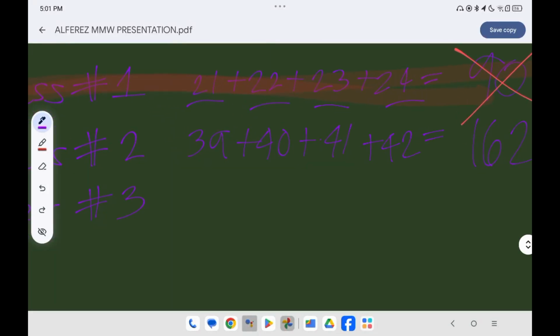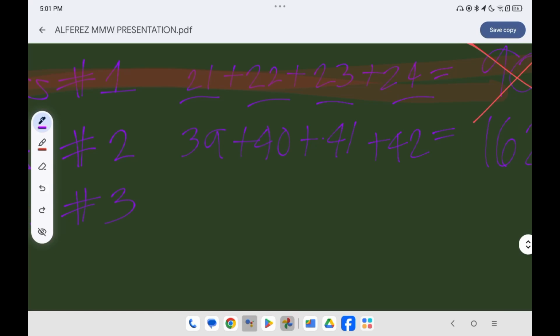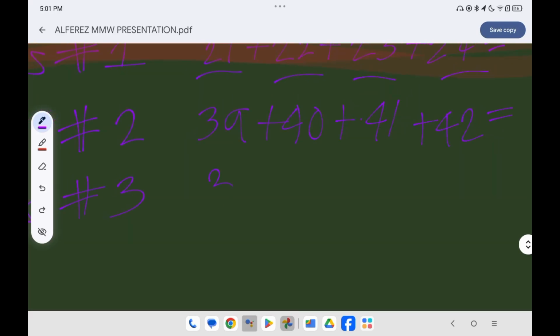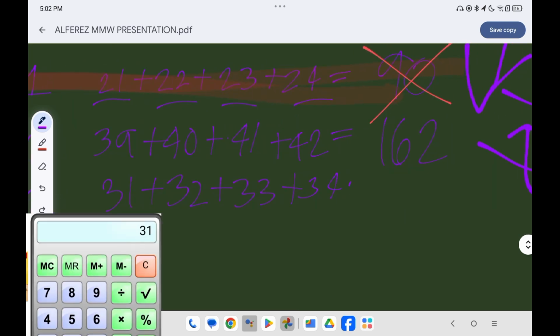How about we think of four consecutive numbers starting with 31: 31 plus 32 plus 33 plus 34. What is the sum of these four consecutive numbers?